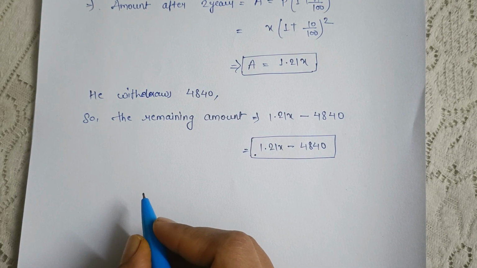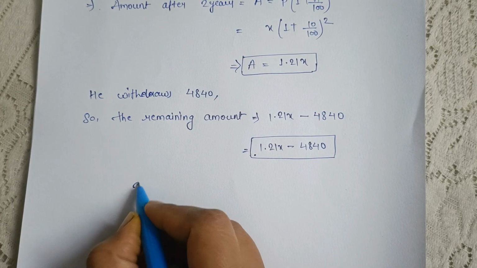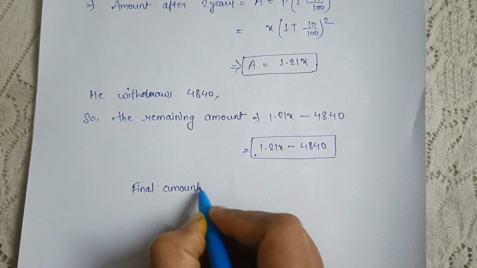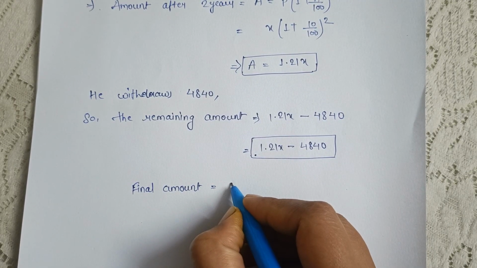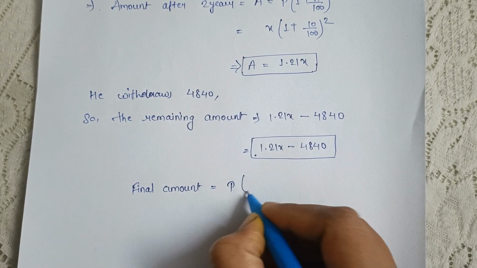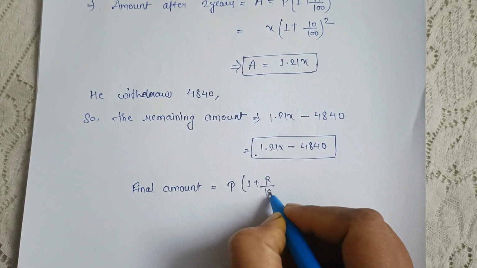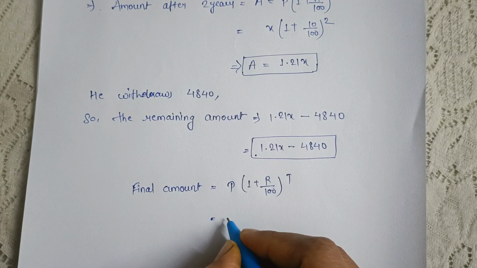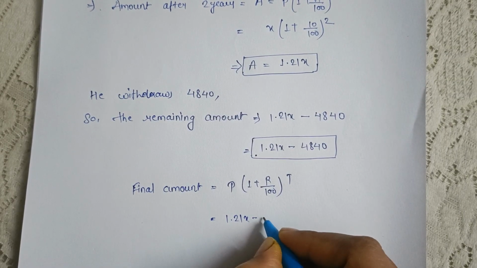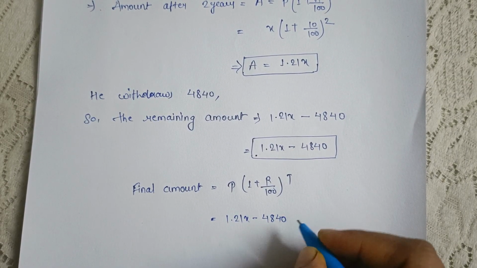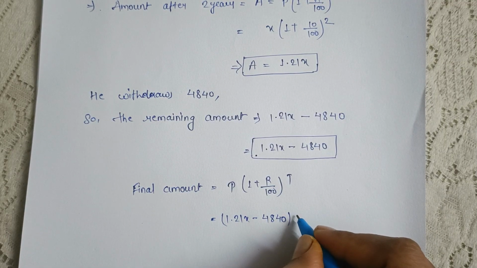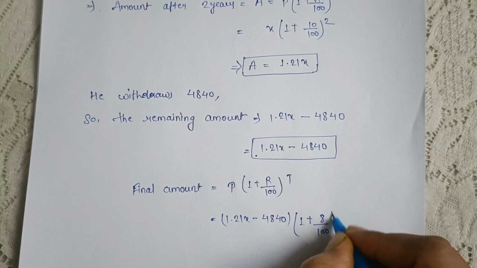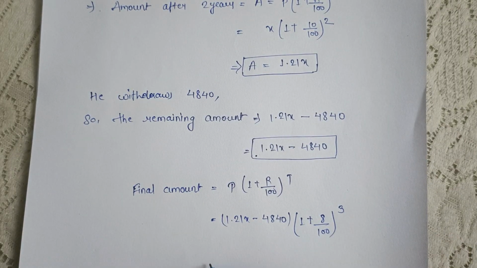Now again we have to find the amount, or rather the final amount. Final amount equals, again the same formula, principal times (1 plus rate upon 100) to the power time. Here the value of our principal is 1.21x minus 4840. 1 plus rate is 8 upon 100, and time will be 3 years.